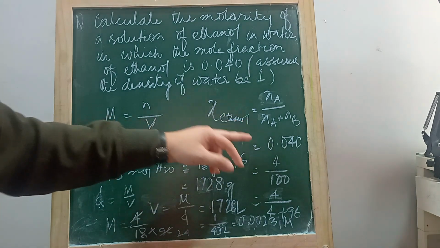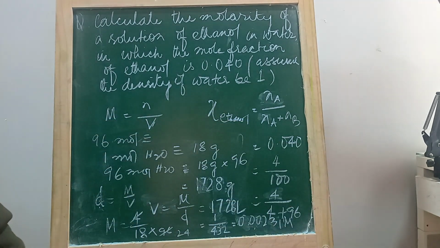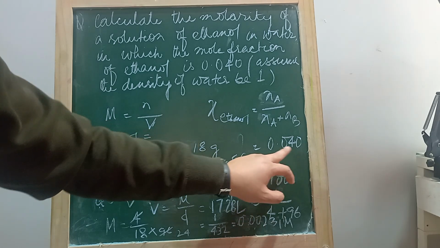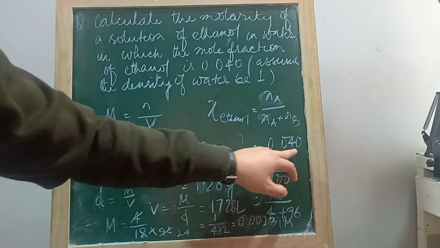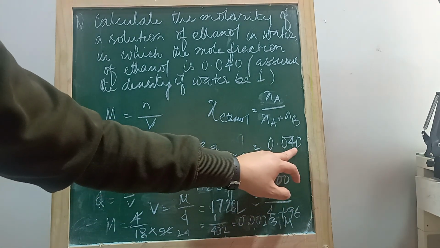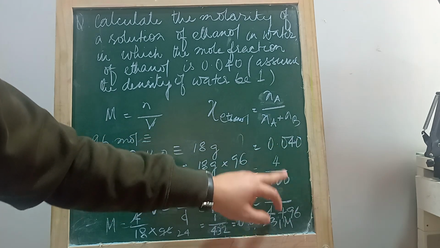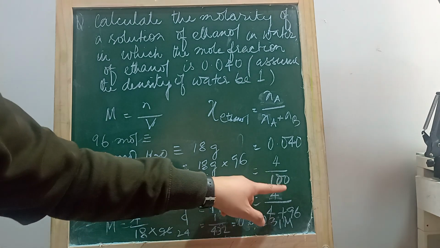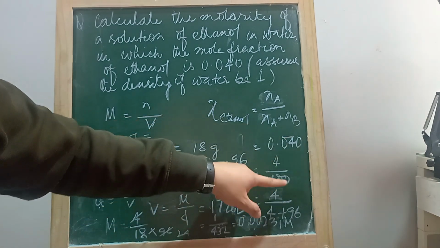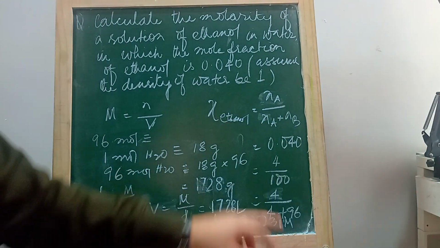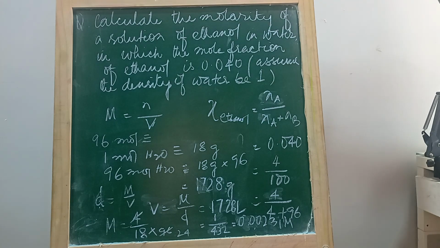So the mole fraction is given to be 0.040. That means there are two significant figures. Had it been 0.04, if we convert the decimal to a fraction, it will be written as 4 by 100. That means if there are 100 total moles of all the components in the mixture, 4 moles is ethanol.